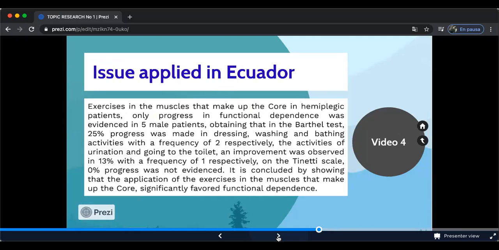Respecting the activities of urination and going to the toilet, improvement was observed in 30% with a frequency of 1 respectively. On the genetic scale, 0% progress was evidenced. It is concluded that the application of exercise in the muscles that make up the recovery significantly improves functional dependence.